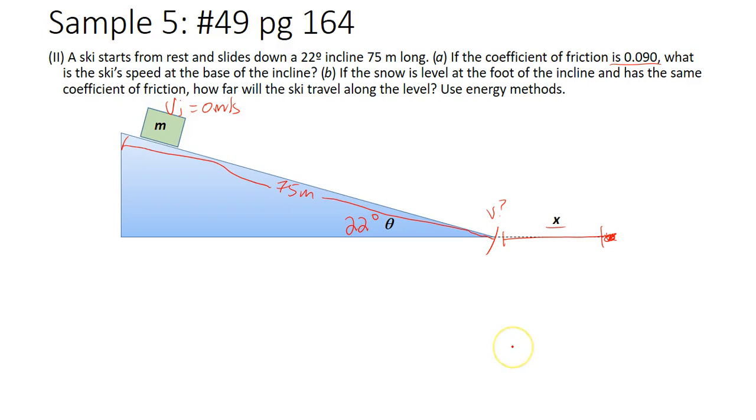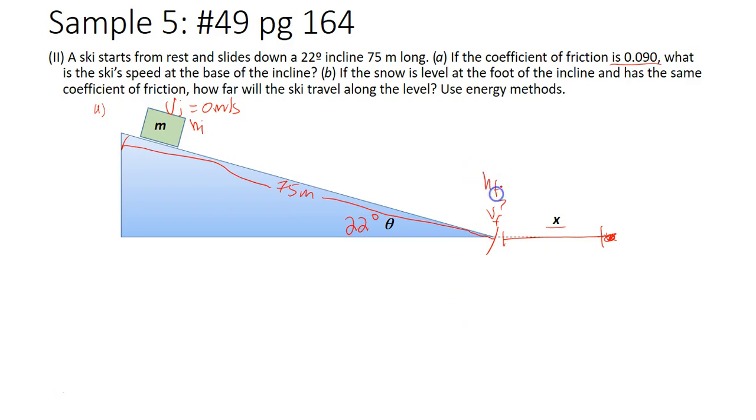So same thing. Now we have a height here. So I'll call this the initial, for part A. This will be my initial, and this will be my final. So I'm going to call this VF right here.